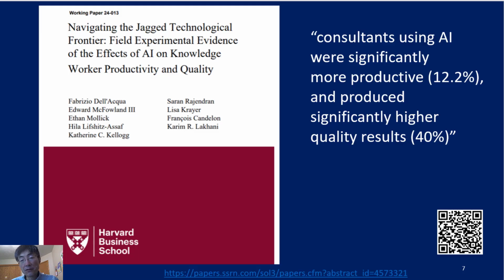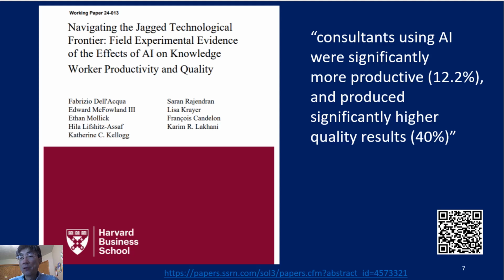On productivity gain, this is a paper that came out last week that documents an experiment on over 700 consultants, I think in a big consulting firm. I think it's probably Boston Consulting. Half of the people were using AI and half weren't.